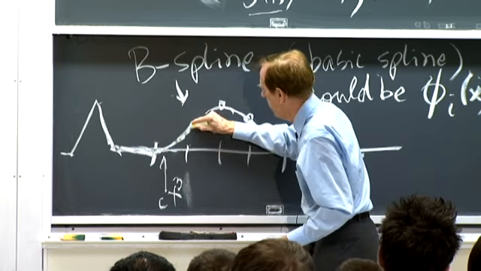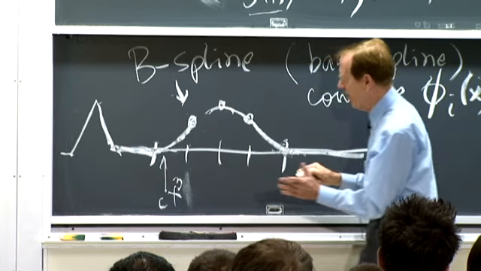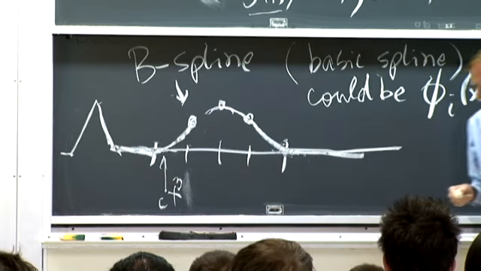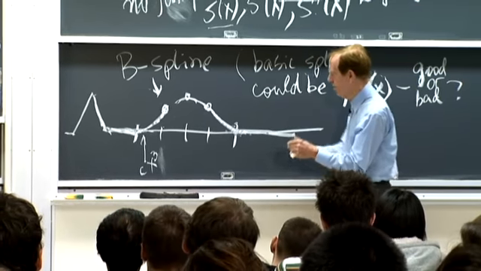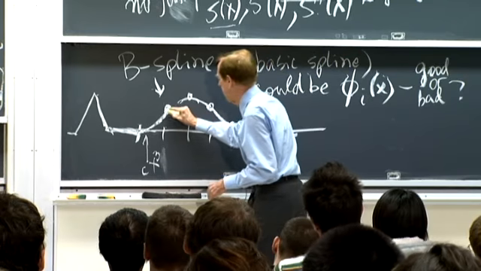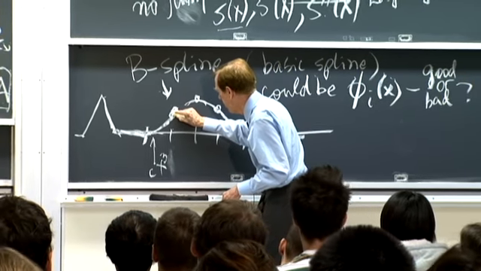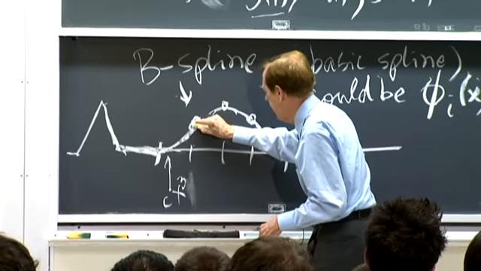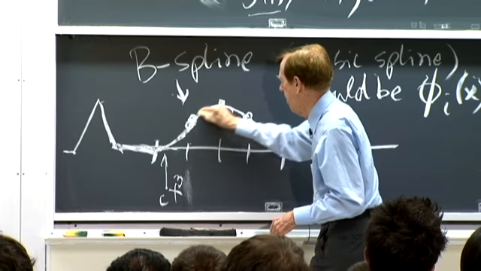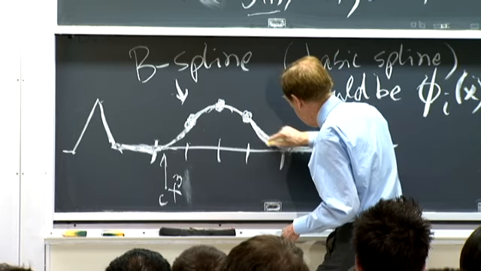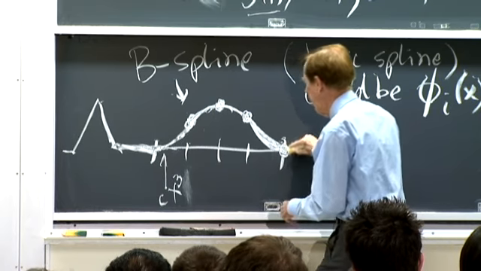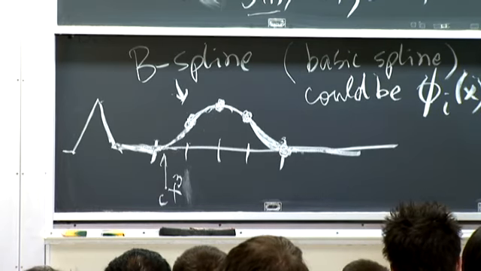It'll come up to some point here. Now I've got to get it beginning to curve downwards. So I'm going to have to change the third derivative, change to another cubic there, change to another cubic there, and a final cubic here. So there's a picture of a B spline.